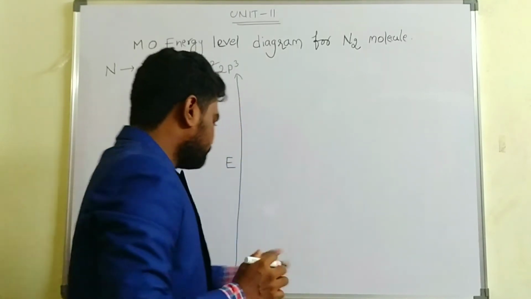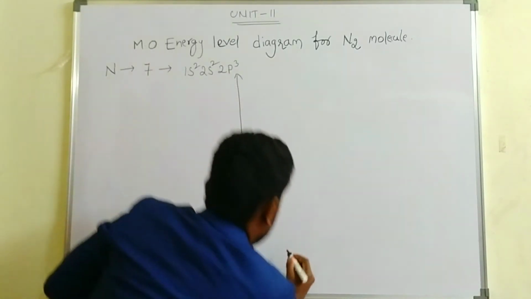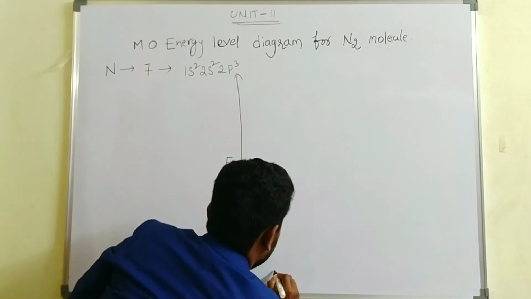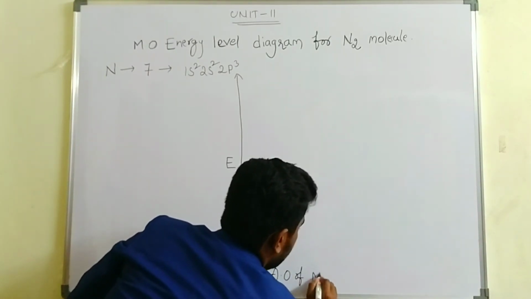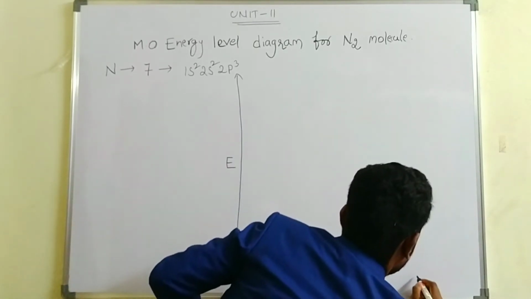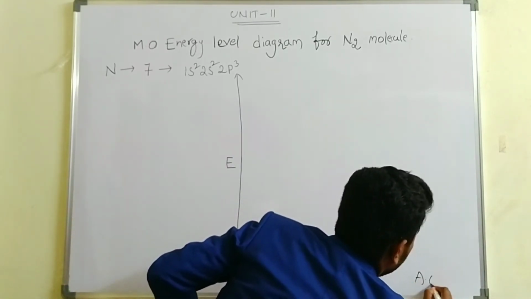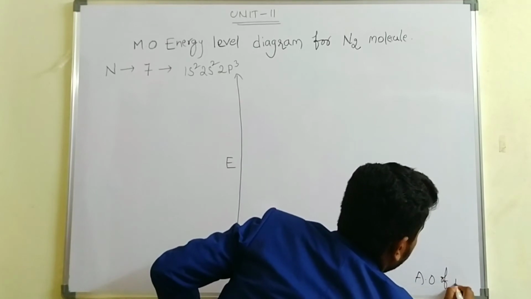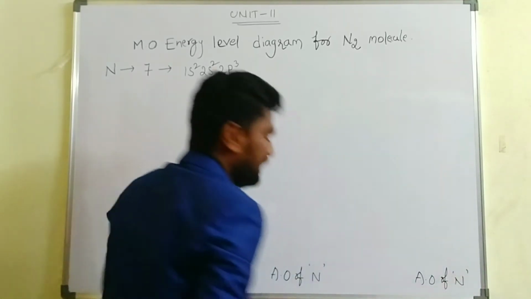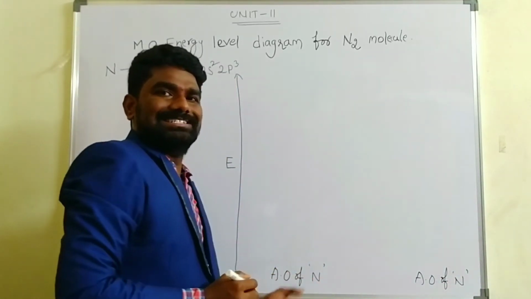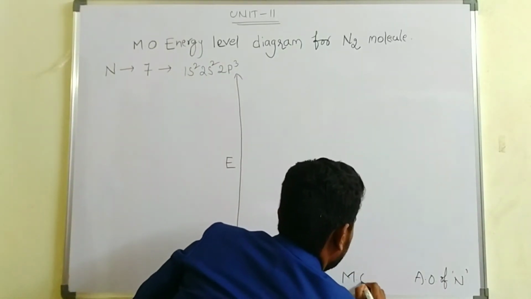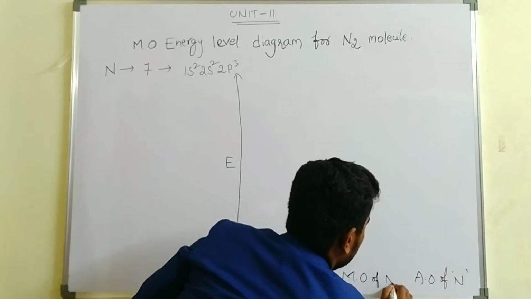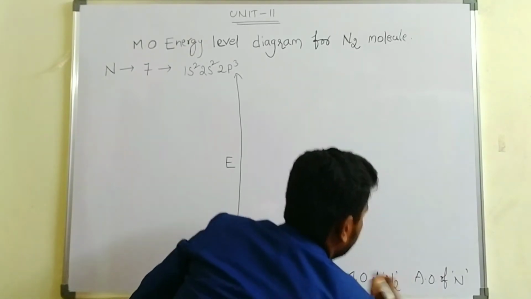Okay, in the left side we are going to take atomic orbitals of a nitrogen atom, and the right side also we are going to take atomic orbitals of a nitrogen atom. In the middle, we are going to construct the molecular orbitals of the N2 molecule, isn't it?